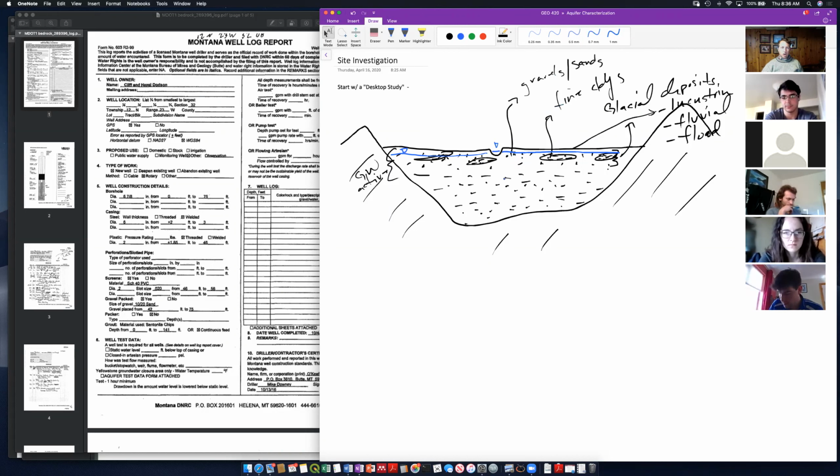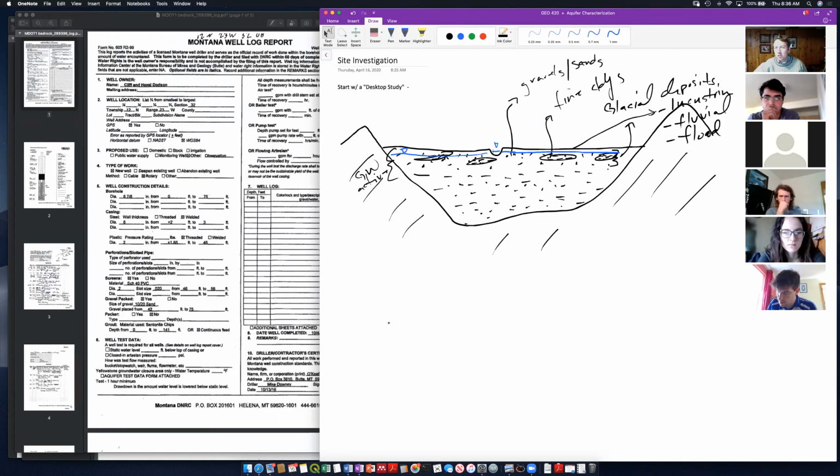Okay, so this is our basic study. And we don't have to go out in the field. We're just looking at stuff that's been done already. Okay, so step 2 is often thinking about how do we characterize this thing with broad strokes.